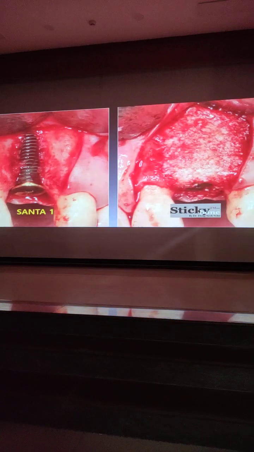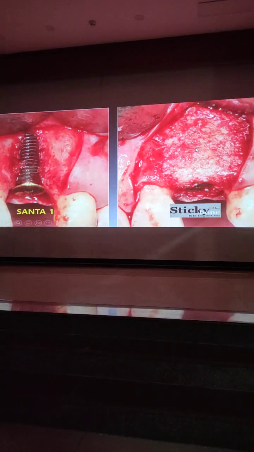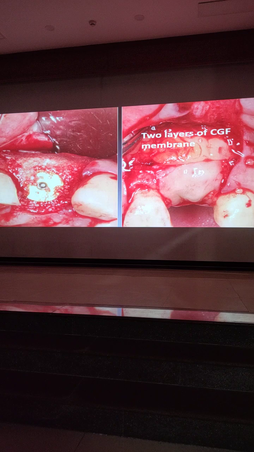In this case, Santa 1 was placed and sticky bone was grafted, and the CGF membrane was carved over the bone.